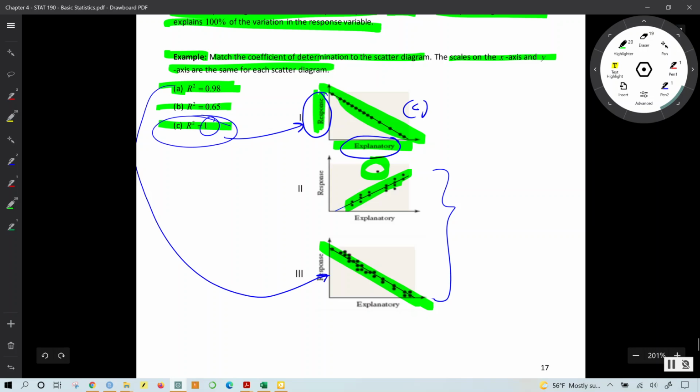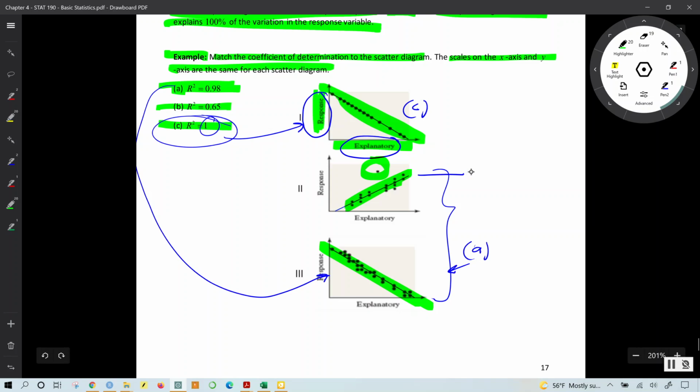Then, the next step would be, I can observe that if I look at this second one, it has the points closer to the line than this one, which has a potential outlier here. So I can definitely tell that after 1, 0.9298 should go to this one, because it is the next in line where all the scatter points are very, very close to the line of best fit.